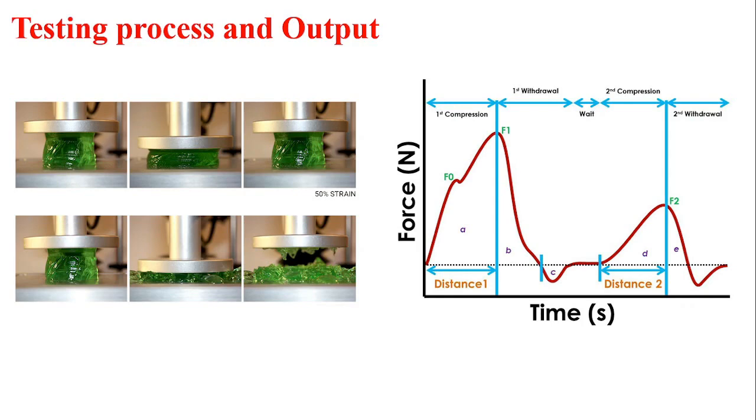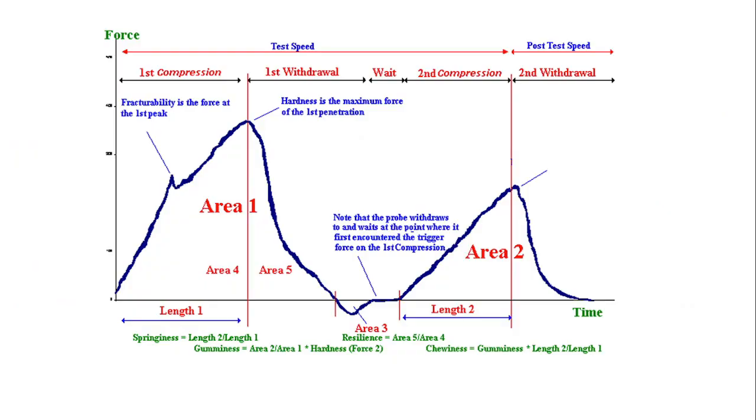This is the basic diagram we obtain after the texture profile analysis. The specific areas, area 1, area 2, area 4 and area 5, depict different parameters that we obtain, that we'll be studying further.